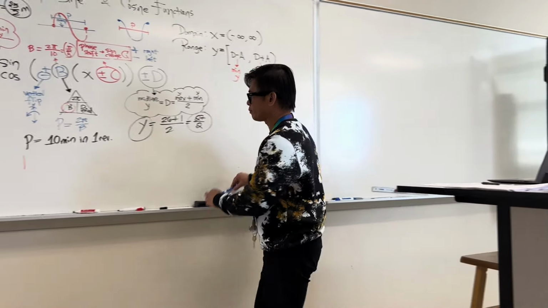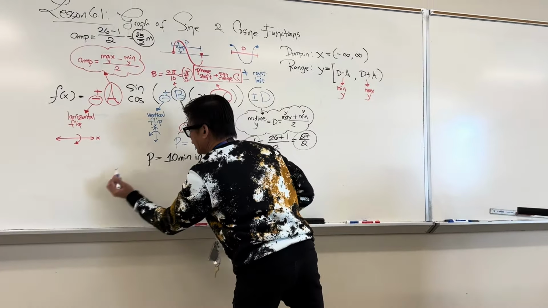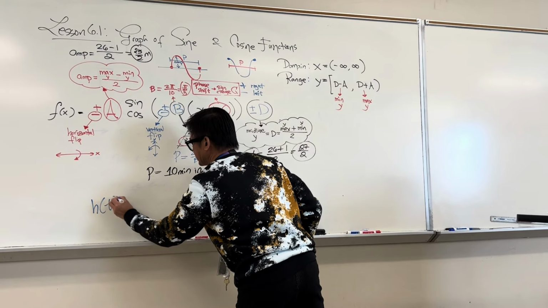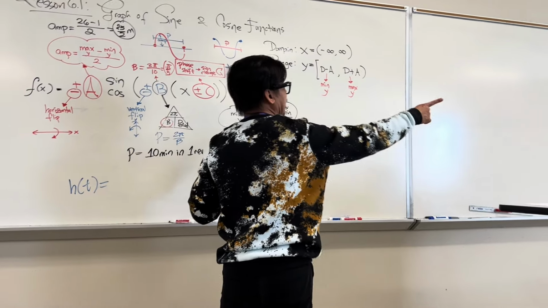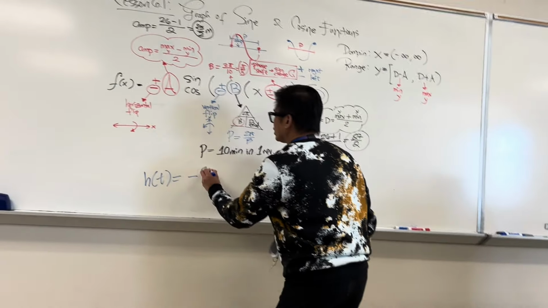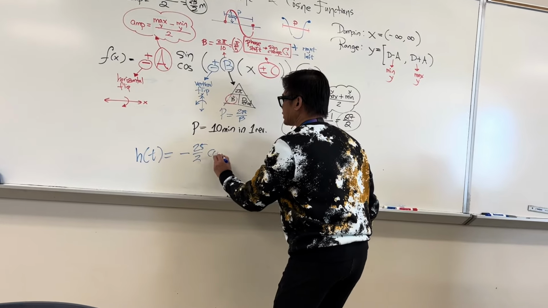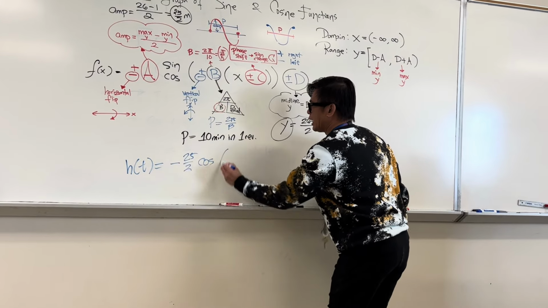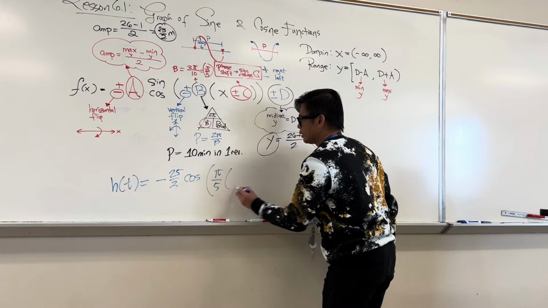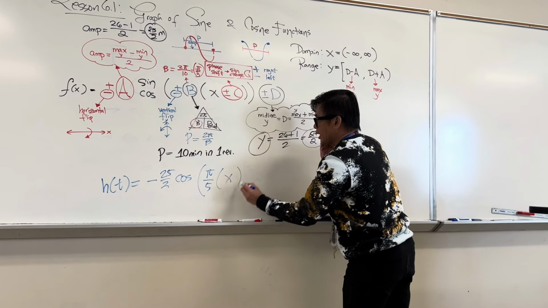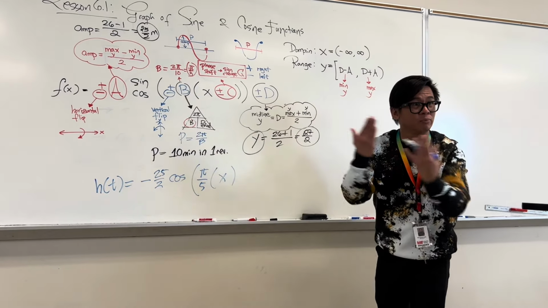What's that again? H of T, or the height of the Ferris wheel at that time T in minutes, is equal to what? What did we say in there? Negative, right? 25 halves cosine. Our B, we said to be pi over 5, okay? X, there's no phase shift. It didn't move, right?